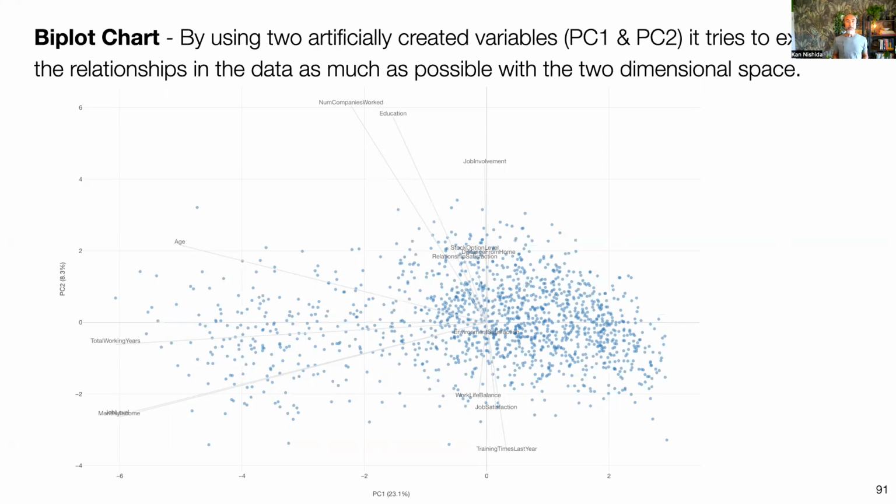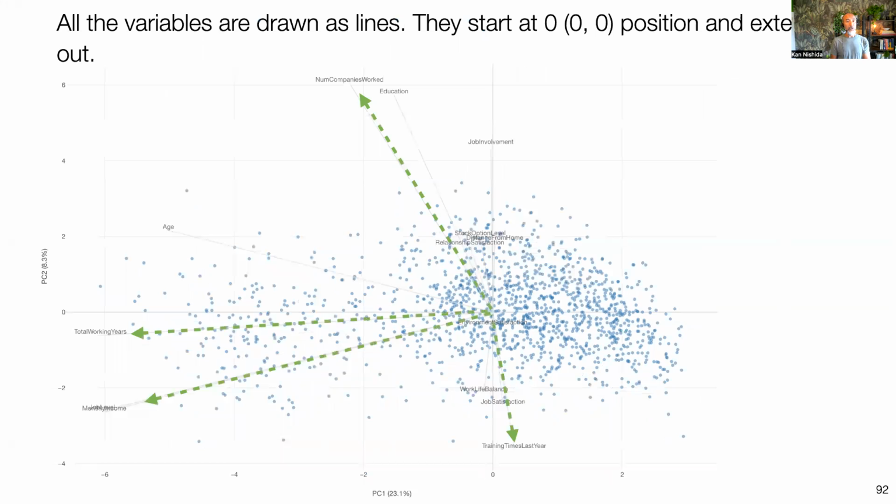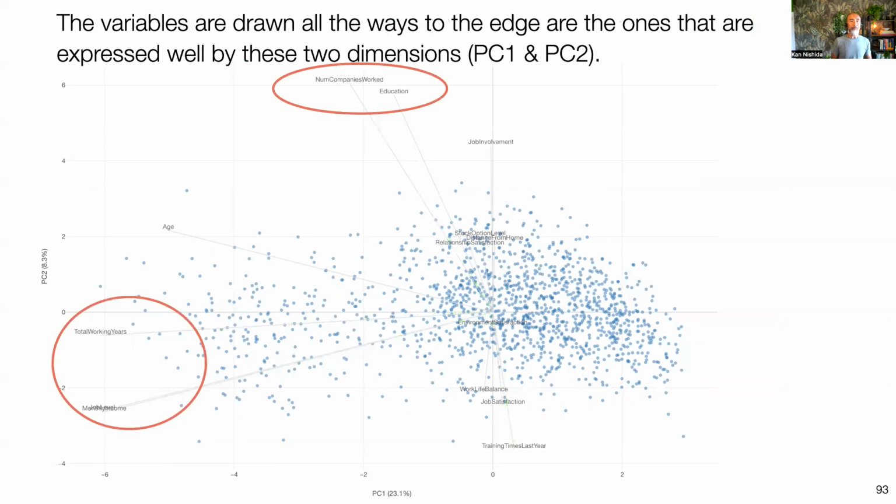By using two artificially created variables, in this case PC1 and PC2, it tries to express the relationship in the data as much as possible in a two-dimensional space. All these gray lines represent the original variables, let's say age and working years and so on. They always start from 0 and 0, and extend outward.